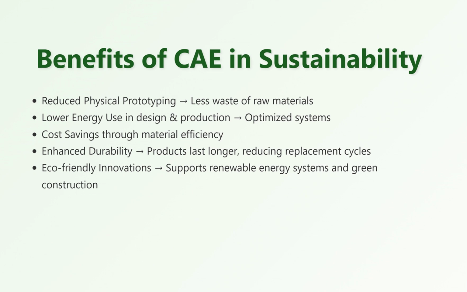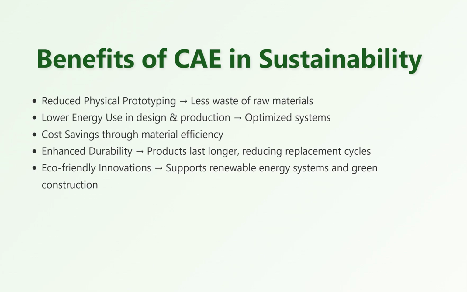As I said, if you're doing software simulation, it's like you're also already doing software prototyping. So the cost of doing physical prototyping is reduced. Even material wastage is reduced. So you are cost saving through material efficiency. Number four, you are enhancing durability.